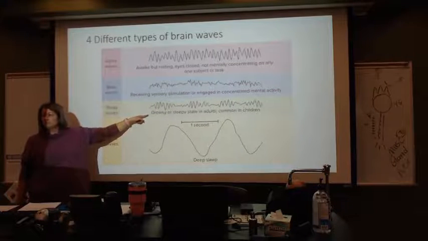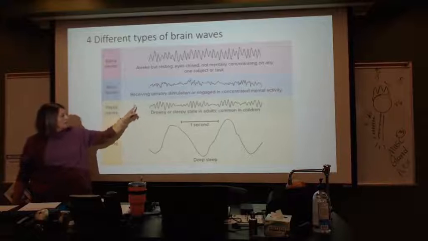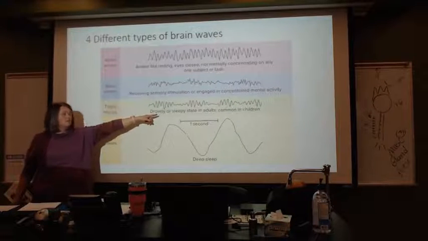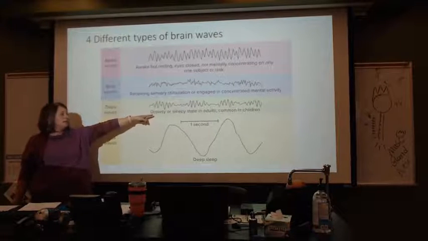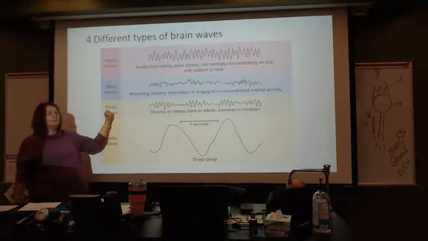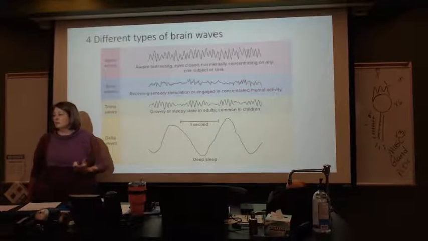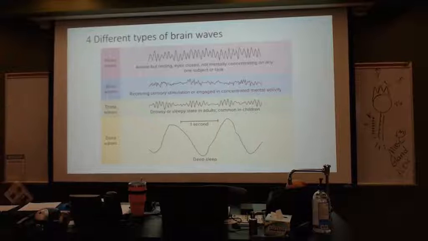In adults, theta should only be present during drowsy or sleepy times, but this is more common in children. So if we kind of sit there and do that, those are the waves that should show up. In deep sleep is when the delta waves should be present. But let's say that I'm taking that test.